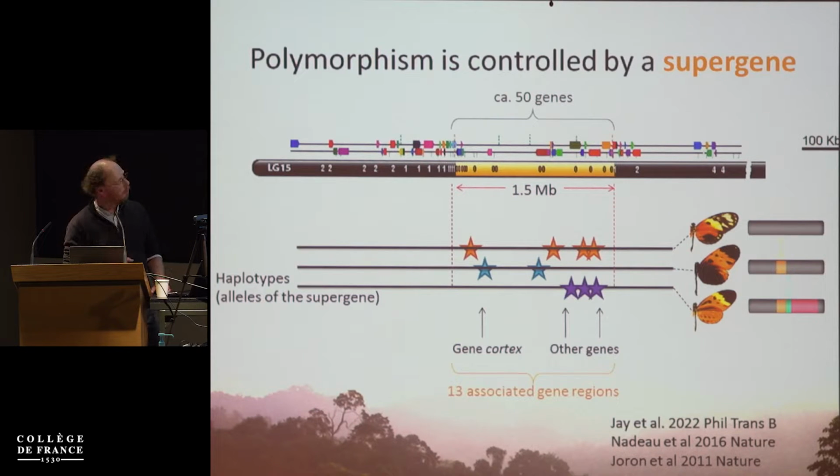So this is the model that we have for how those different haplotypes control wing pattern in those different wing pattern forms. And the suppression of recombination due to the reverse orientation of inversions ensures that those characters stay together and don't mix. But I'm not going to talk about that really today.